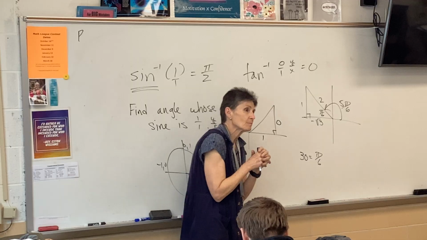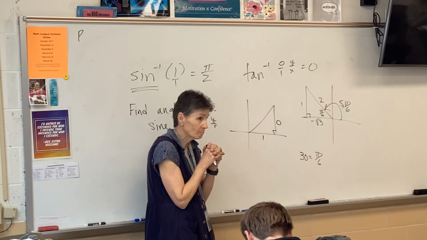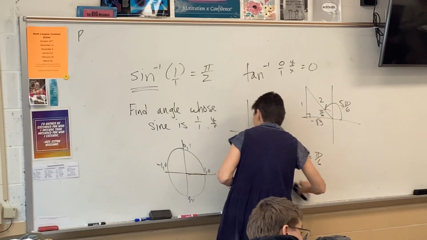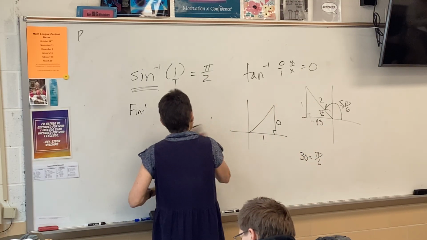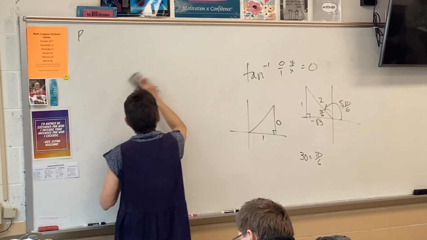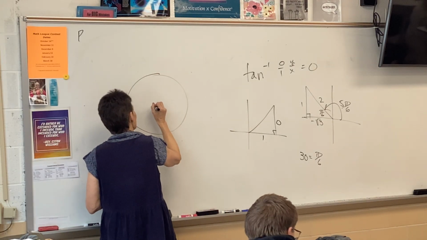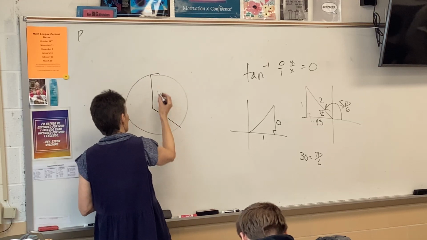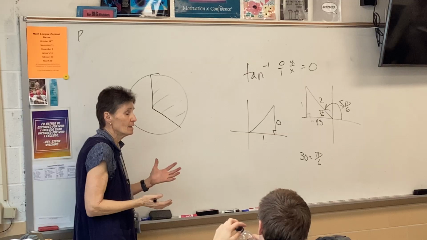Jimmy, the second review, number 4, find the area that's shaded. Okay, so that one, I'm going to make up a different problem. Jimmy wants to practice a problem where you have to find the area of a sector. So we're going to find the area of this sector, piece of pie.